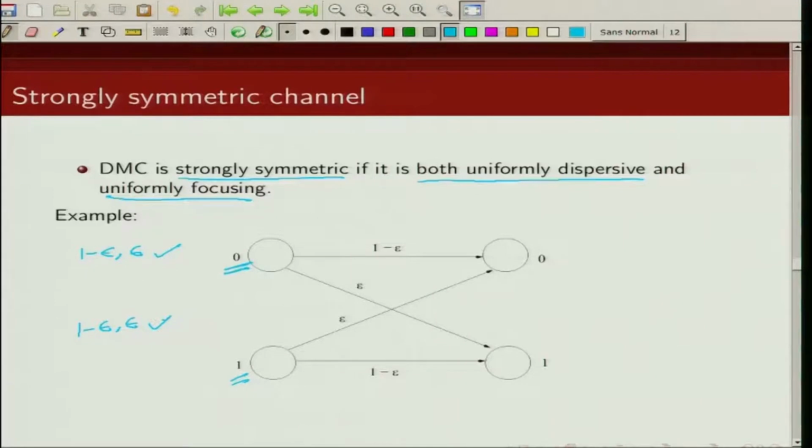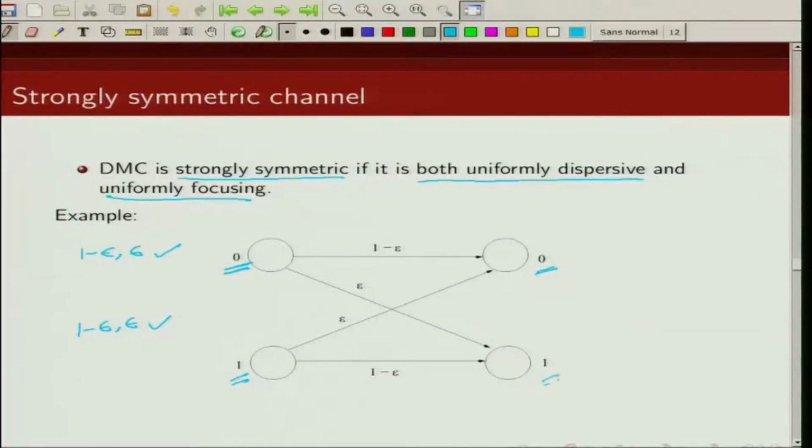So this is an example of a uniformly dispersive channel. Now let us look at the outputs 0 and 1. What are the transition probabilities of the transitions terminating at each output? This is 1 minus epsilon, this is epsilon. Similarly here, 1 minus epsilon and epsilon.